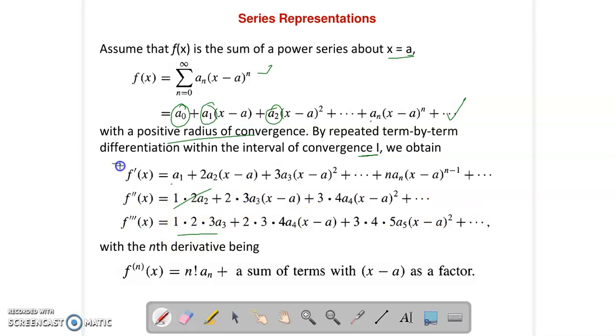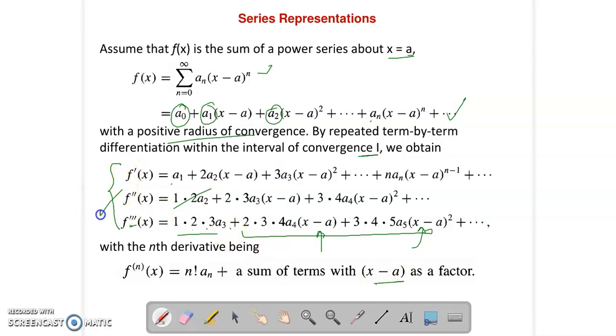Just look at the trend. You can write the nth derivative as f^(n)(x) = n factorial times an, plus the sum of terms with (x - a) as a factor.